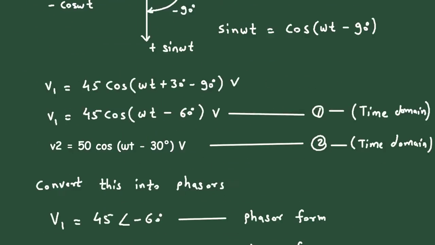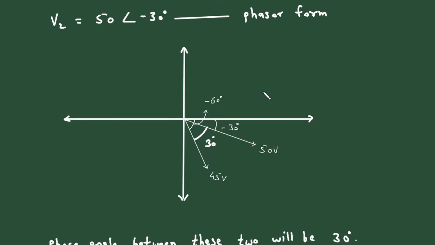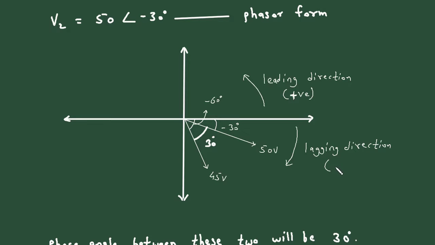Now let's see the leading and lagging concept. If it moves in this direction, this is the leading direction, and also the positive direction. And if it goes in this direction, it is the lagging direction, and it is negative.